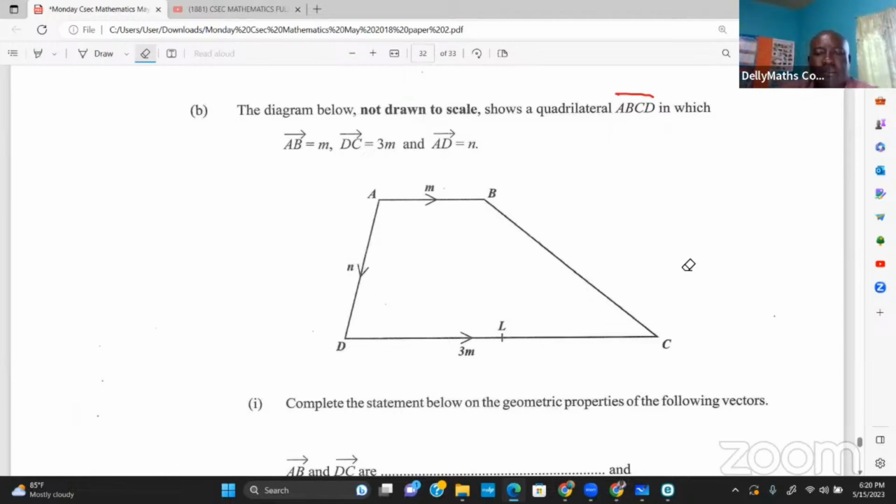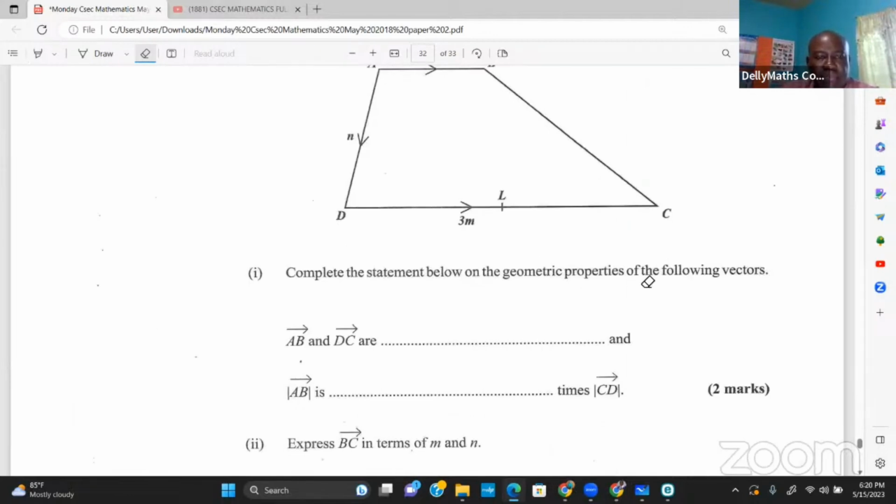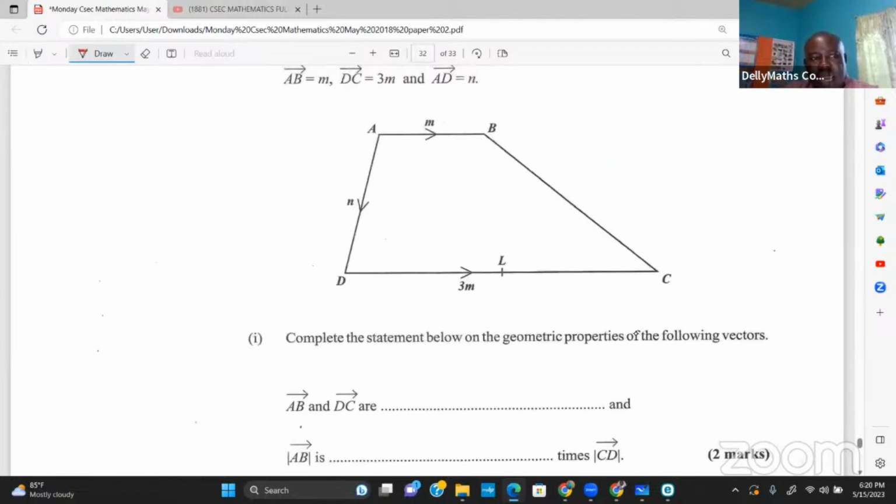So let's see what they want from us. First question. Complete the statement below on the geometrical property of the following vectors. AB and DC are what? AB and DC, let me highlight them. Look at the arrows on them and everything. What do they depict?